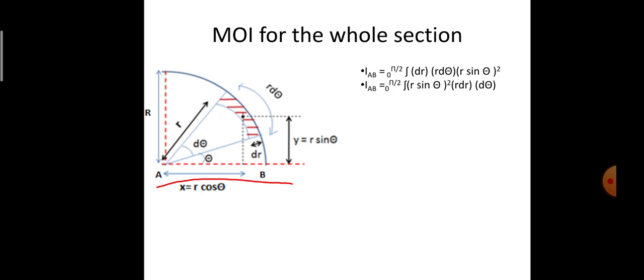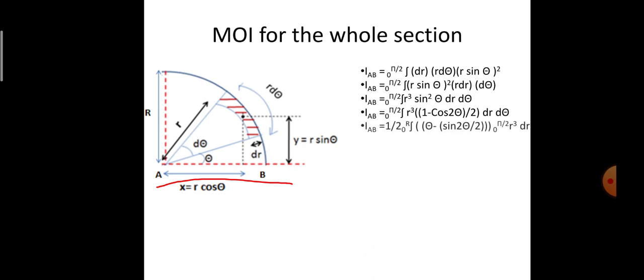Since we have two variables, r and theta, we are supposed to integrate two times. So we have two variables, one is theta, that is d theta, and one is dr, wherein we are supposed to integrate this.